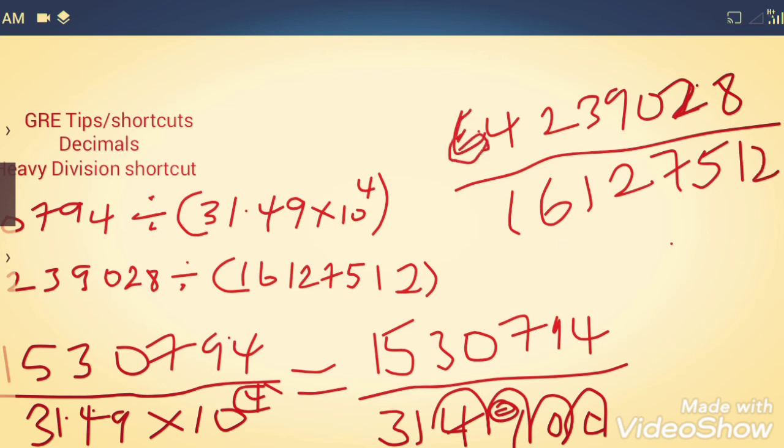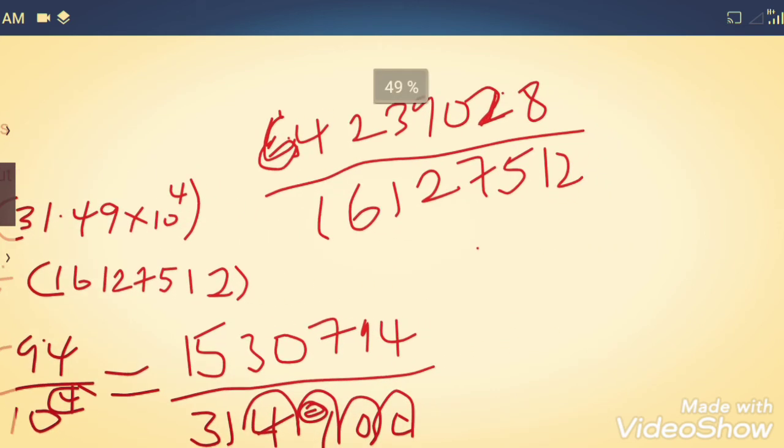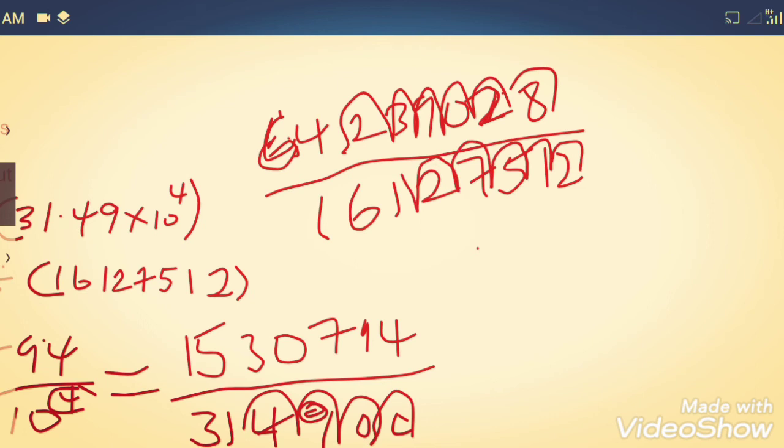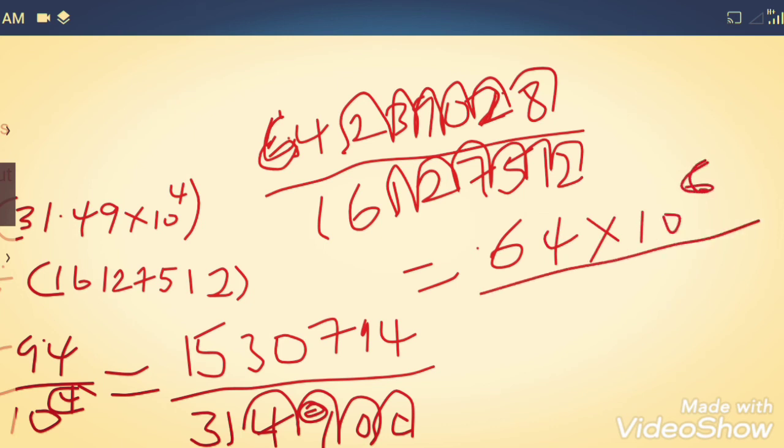From here we do the same thing again. We move 1 2 3 4 5 6. Check if you can get 6 decimal places here, 1 2 3 4 5 6. So this will now be approximately 64 times 10 raised to power 6 over 16 times 10 raised to power 6.